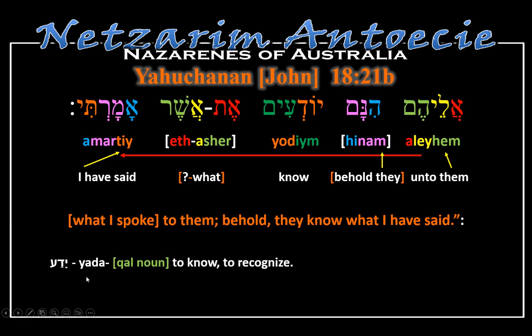It comes from the root yada, which is actually a kal verb, not noun. To know, to recognize. Et grammar marker, asher, what, amarti, I have said. So the translation is what I spoke to them. Behold, they know what I have said.